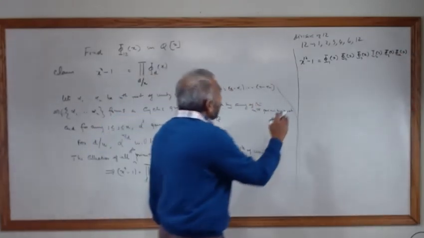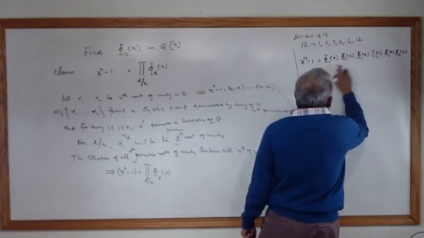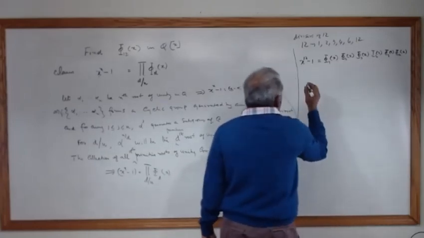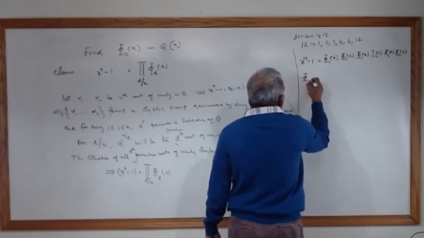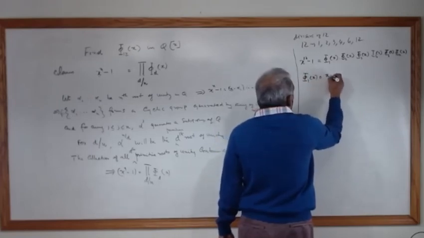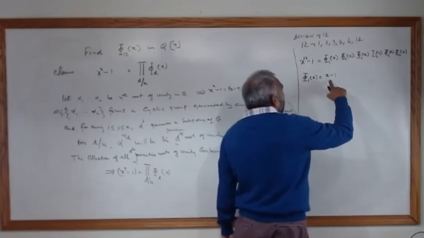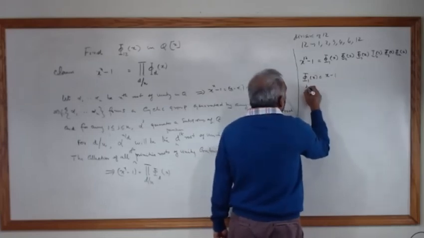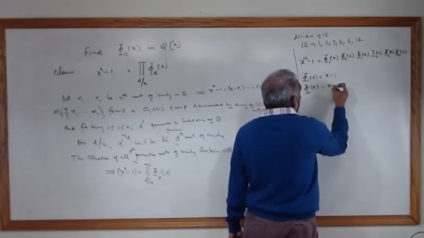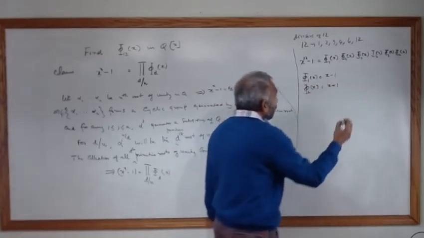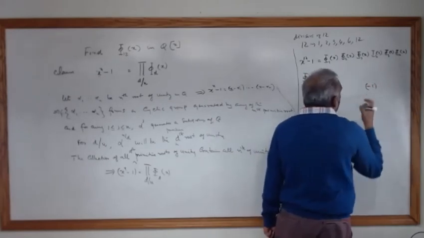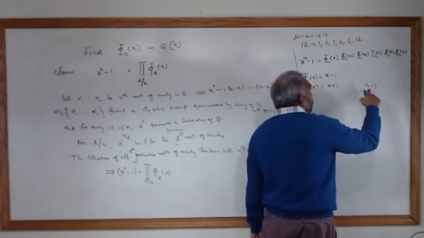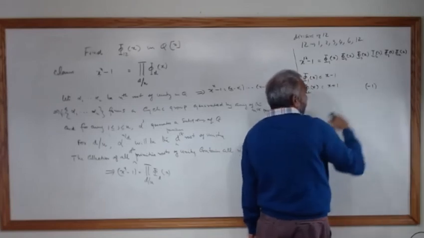So we need to find out what we can get from here. Phi 1 of x is actually x minus 1, because 1 is the first primitive root of unity. Second one is going to be x plus 1, because minus 1 is the primitive second root of unity.